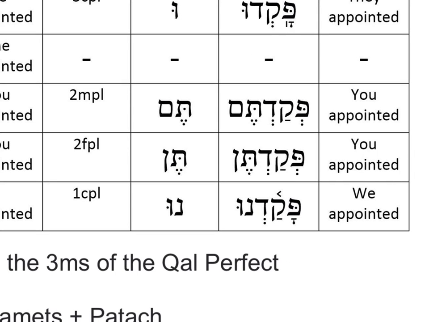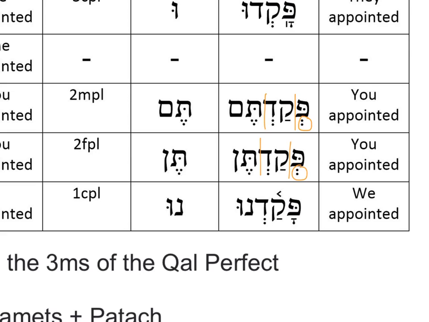If the typical pattern or the usual pattern would be that kametz plus a patach, then what we're seeing here is some familiar habits. Remember propretonic reduction? If we were to break this into syllables, it would look like this. Pekad tem, pekad ten.